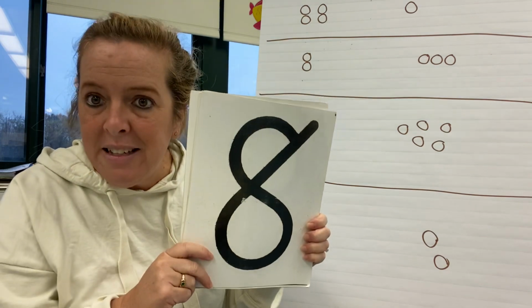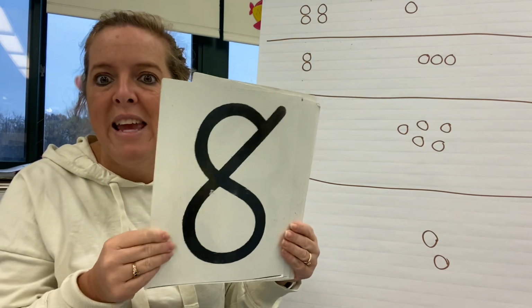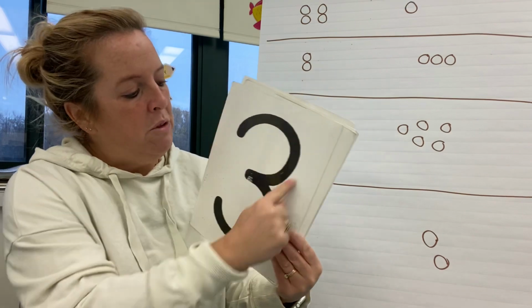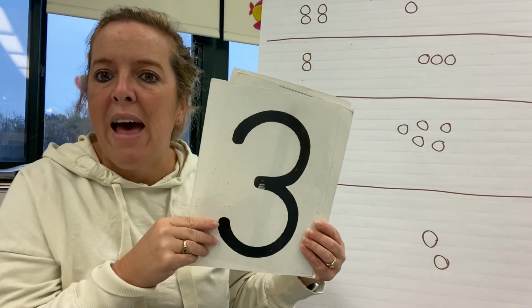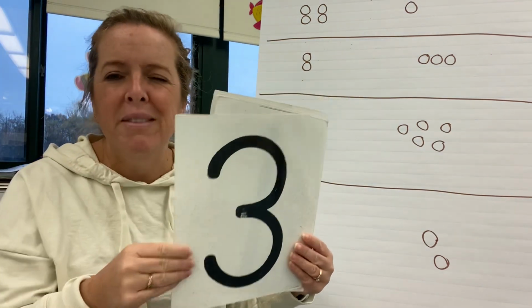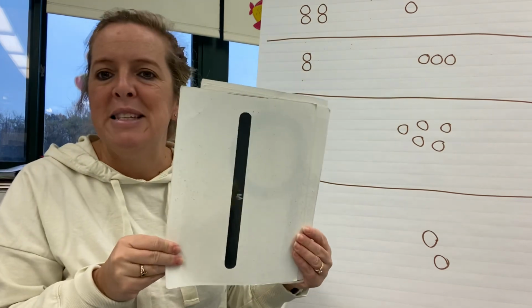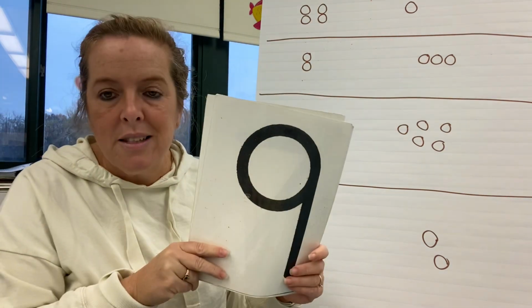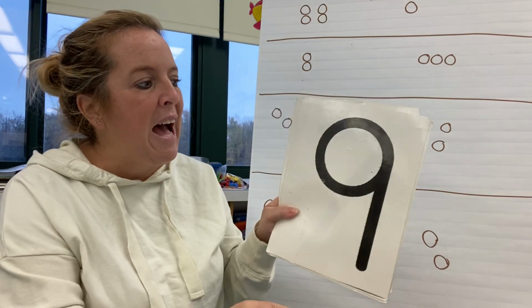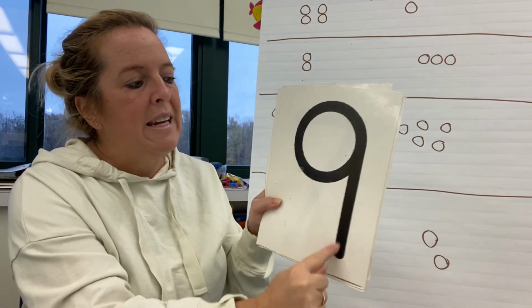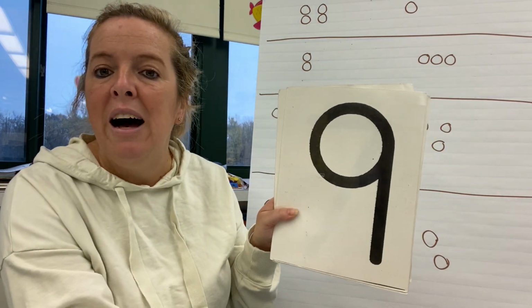So it's an 8, and we call it crazy 8. Around the tree, that's the way to make a 3. I think everybody's got that one. Everybody's got this one, 1. This is another one we're having trouble with, a 9. Circle and a line to make a 9.